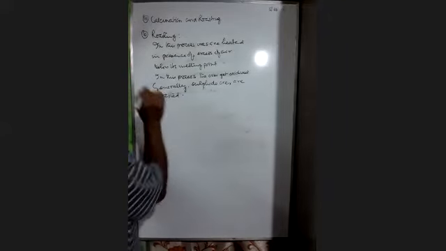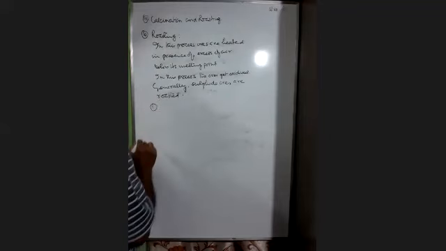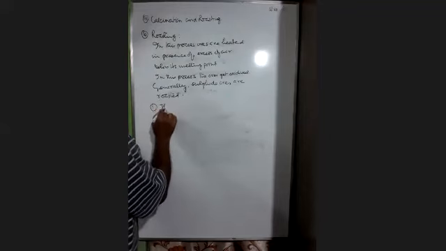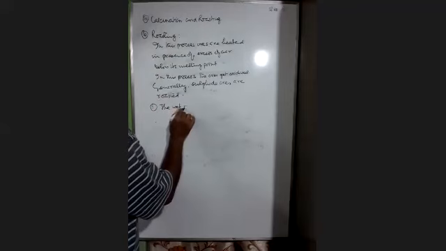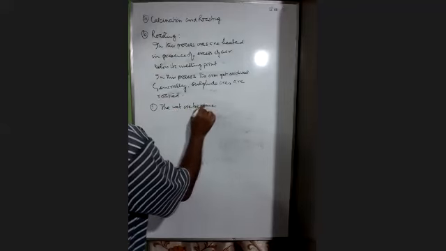Please remember. Now I'll tell you a simple way to remember the equation. It's very, very simple. First I'll write what things happen in this case. The wet ore becomes dry because you are heating it.